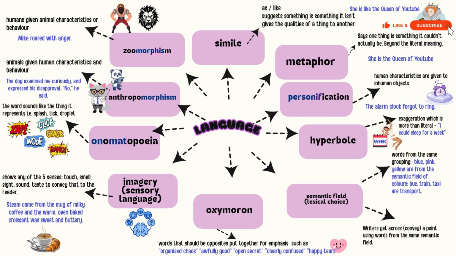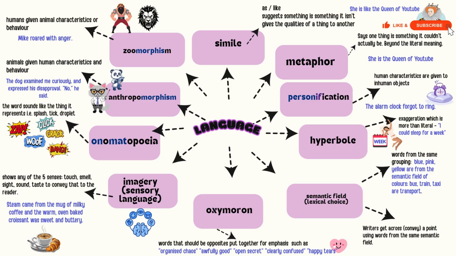I can also anthropomorphize cups and plates and bowls and so on, but there is a crossover then with personification. So there's a difference as to how human something becomes. So remember the alarm clock forgot to ring, that is a good example of personification.